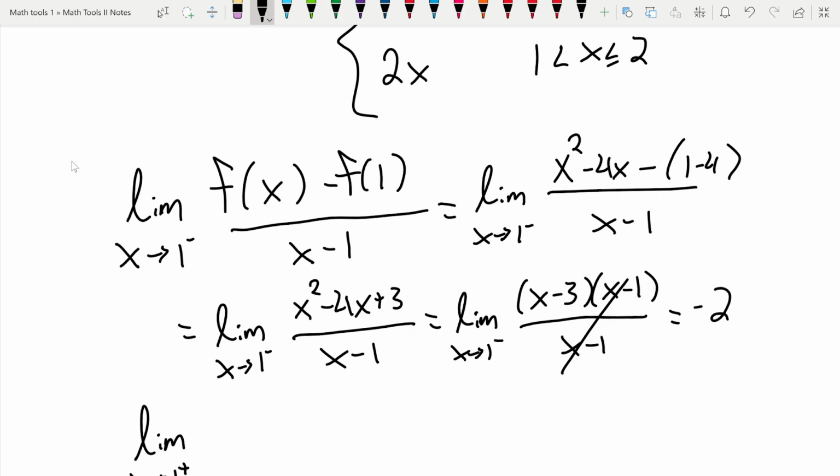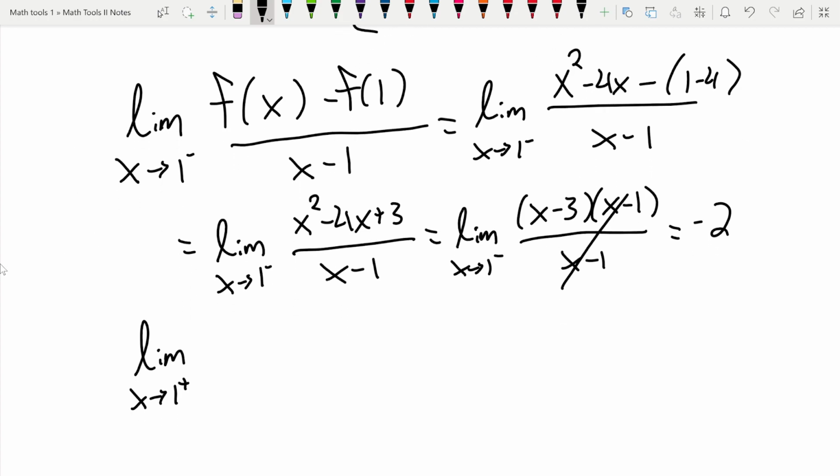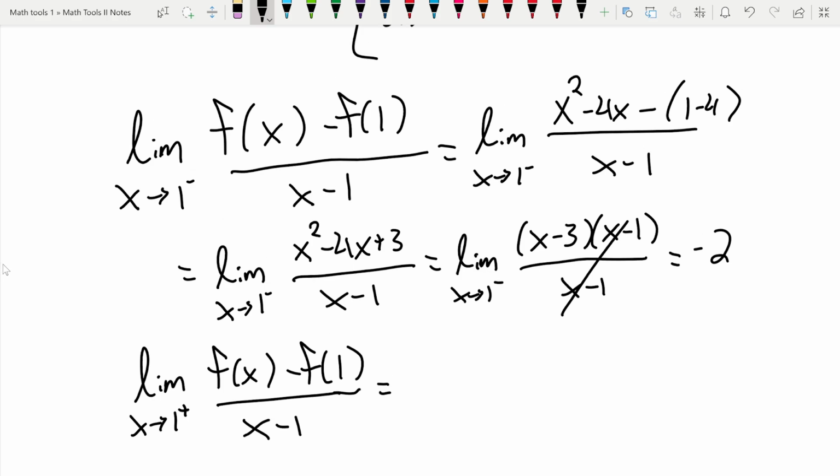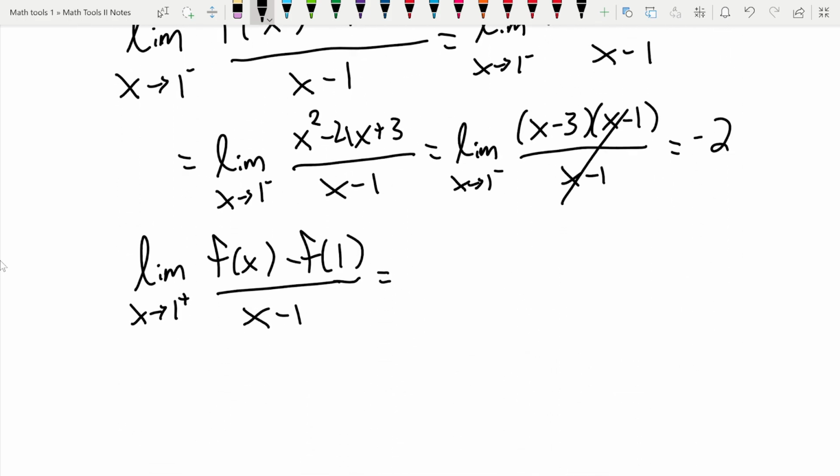Okay, so we almost got the same thing, right? It was just negative 2. So now let's do f of x minus f of 1 over x minus 1 from the right side. So here we're using x squared minus 4, right? Yep.